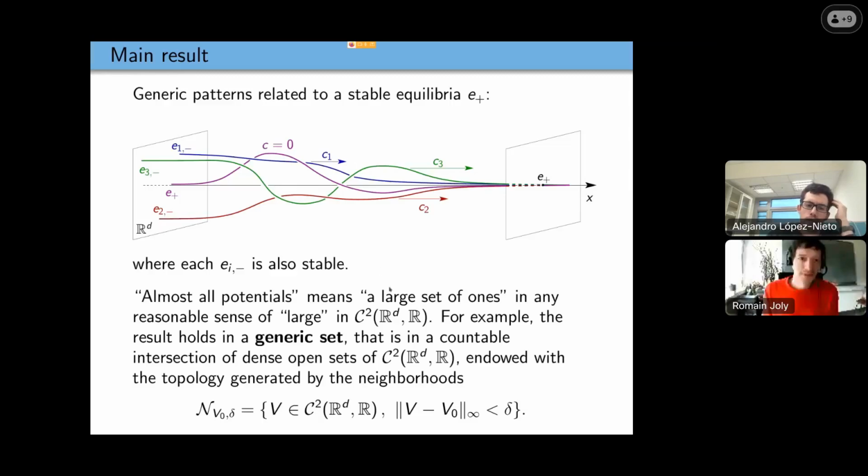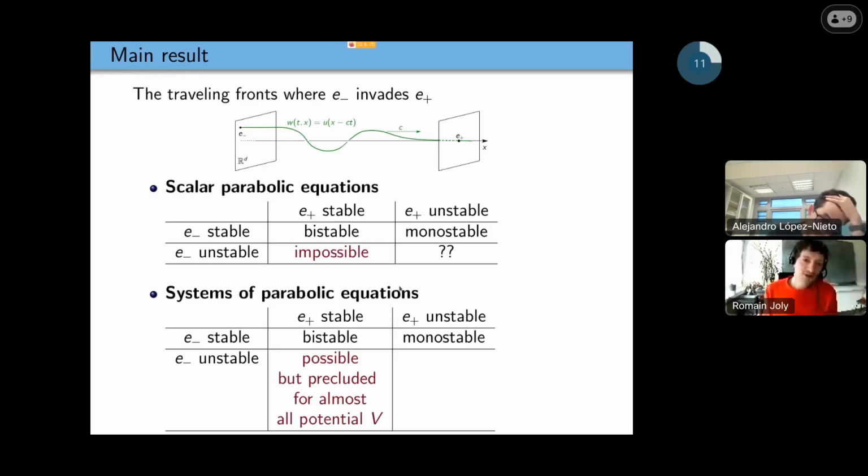If you're used to scalar parabolic equations, I would like to give you an example of what our result means.